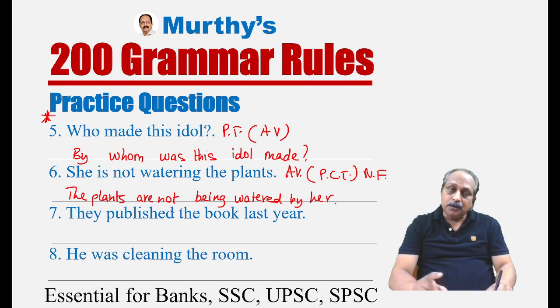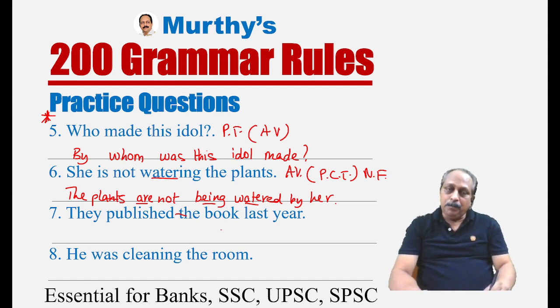Any continuous tense, we have to use the word being. And what is the sentence pattern? Present continuous: to be in the present form, here plural, and being, verb in past participle form. Water is usually a noun, but here it has been used as a verb. Water, watered, watered. The plants are not being watered by her. She is not watering the plants. The plants are not being watered by her.